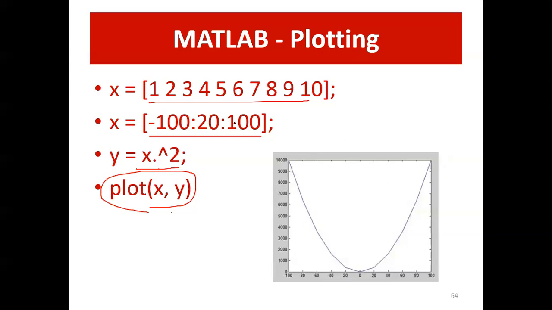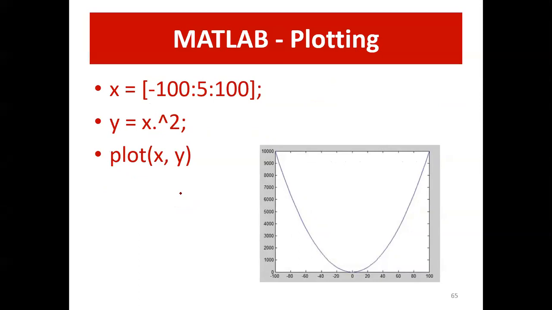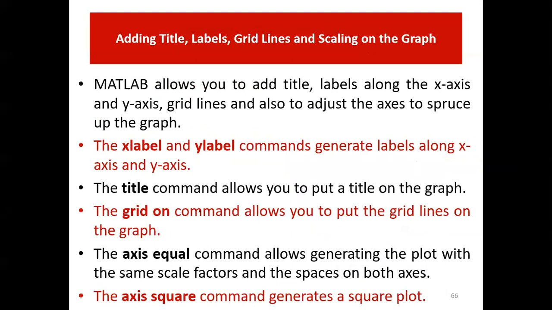Then another example, we can generate with matplotlib, x power 2, incremented by 5, maximum 100, minimum minus 100. Then another example adds the title, label, grid lines, and scaling on the graph.